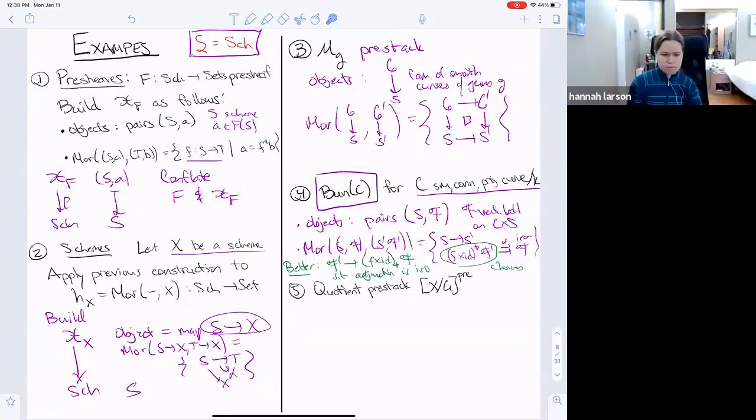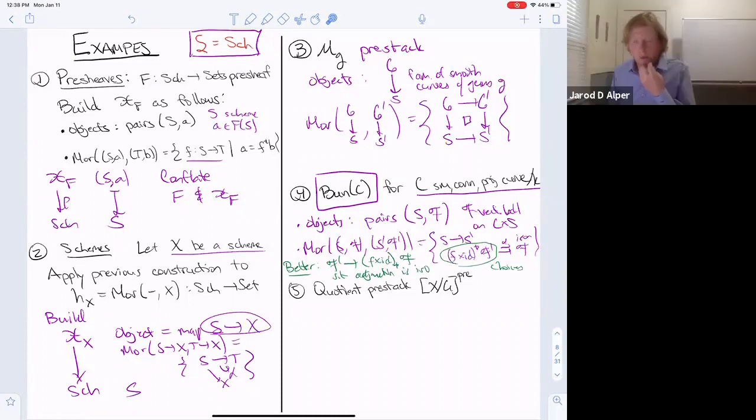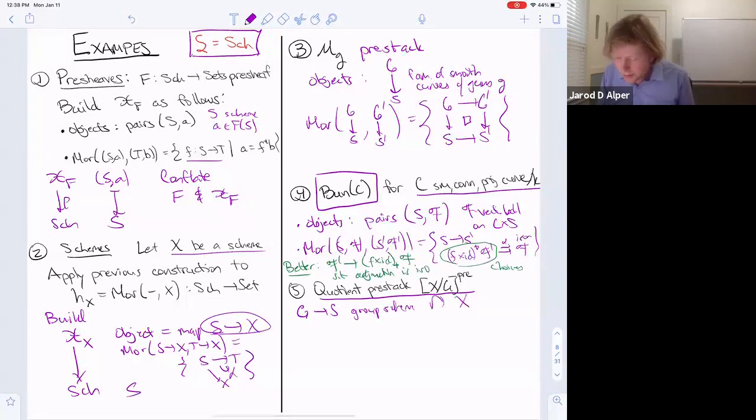Thanks. And as our final example, I want to define the quotient prestack. Here, let G be a group scheme acting on a scheme X over S. If you want to take S to be the complex numbers, that's fine.